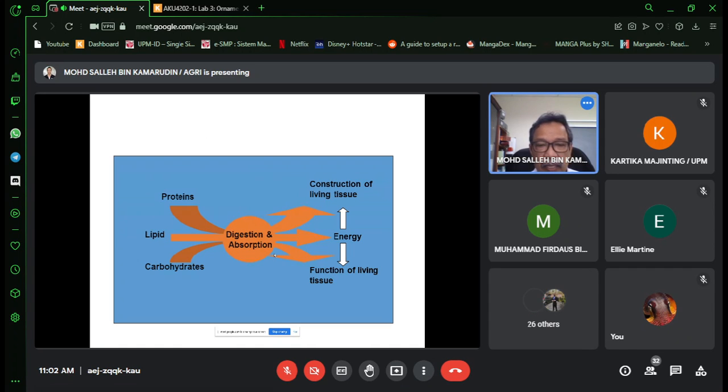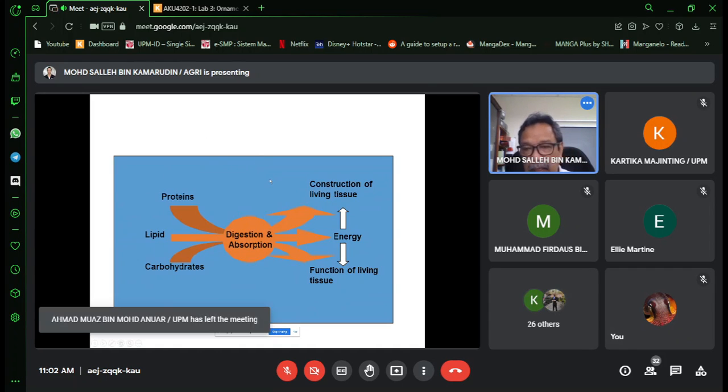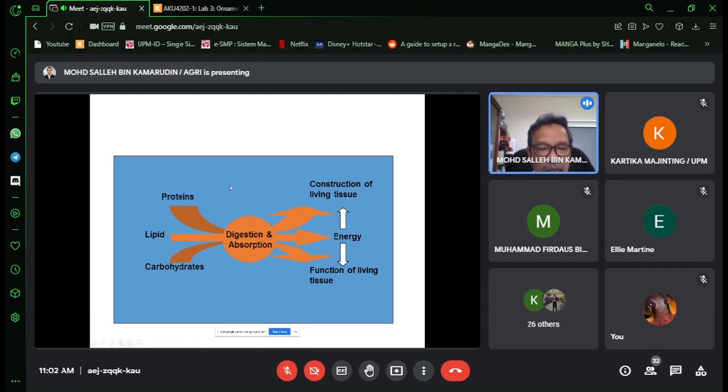Alright, energy macam mana? Dia akan diabsorb melalui protein yang digested, lipid dan juga karbohidrat. These are the three sources of energy dalam makanan, ya, untuk ikan. Dan kita dalam nutrition biasanya dan juga culture kita nak cuba save this one.